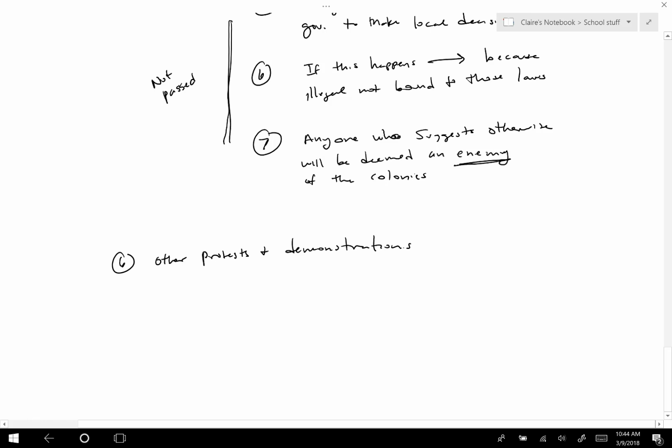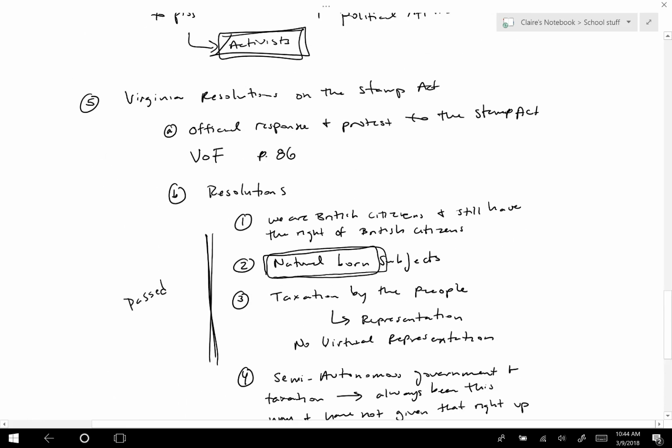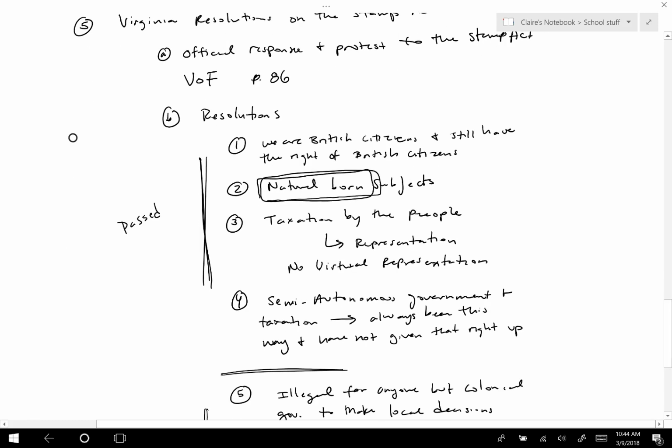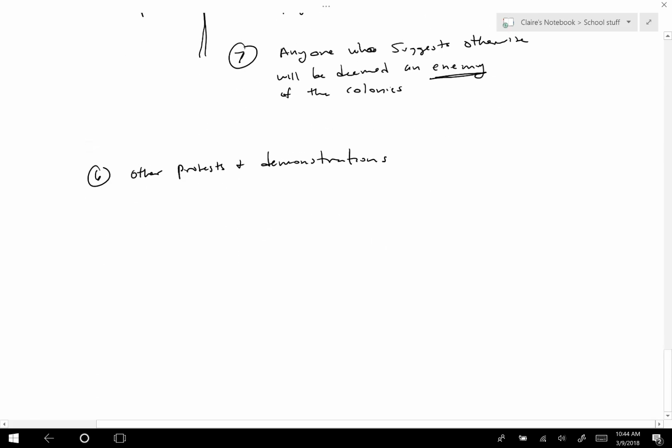You had the official, the Stamp Act resolution. We'll put this as the official response, protest response. But then you had all of the more, certainly loud and potentially could be violent protests and demonstrations. The Sons of Liberty were a group that were newly organized at this point.